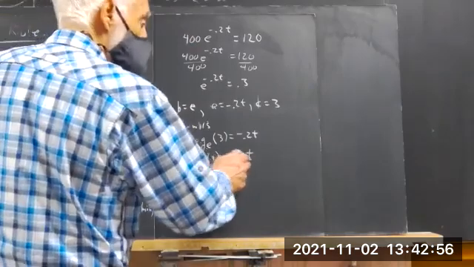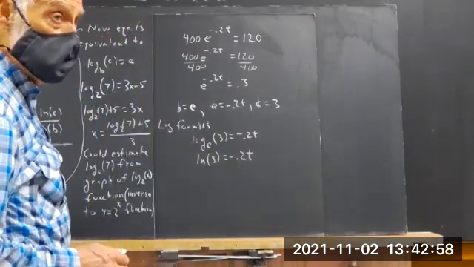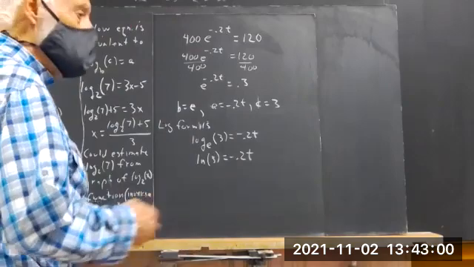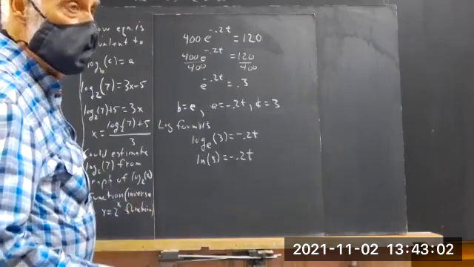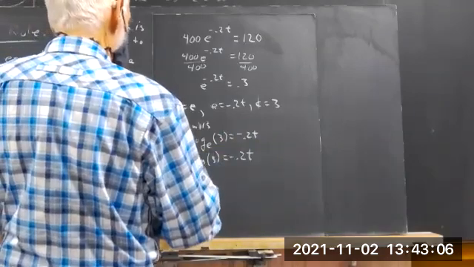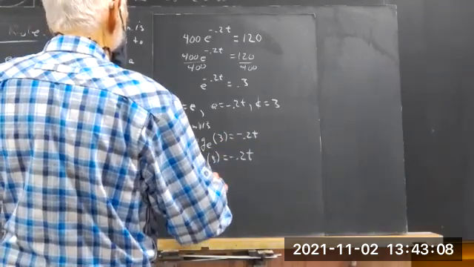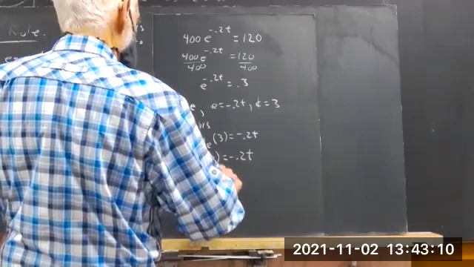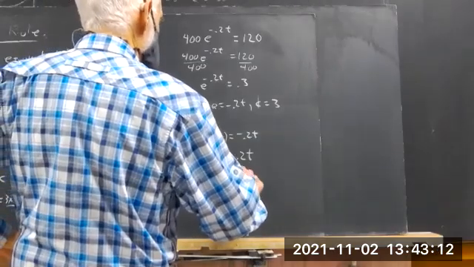If you have a decimal as a coefficient in an equation, I always recommend that you multiply by a power of 10 to get rid of the decimal, to avoid confusion. So we could write this as 10 times the natural log of 3 equals negative 2t.